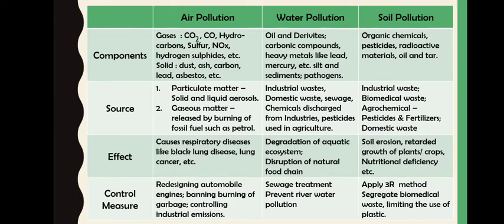Looking into water pollution, the components are oils and their derivatives like carbon compounds, heavy metals like lead and mercury, silt and sediments. There are certain pathogens also. What are the sources? Industrial waste, domestic waste, sewage, chemicals discharged from industries, and pesticides used in agriculture.